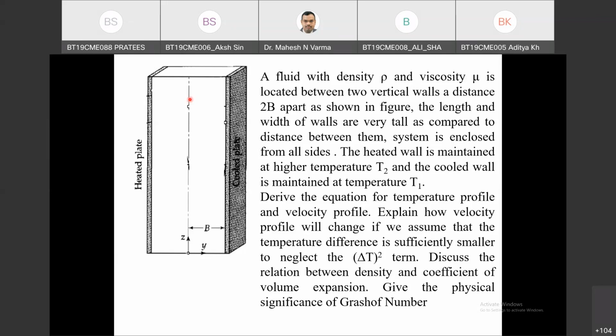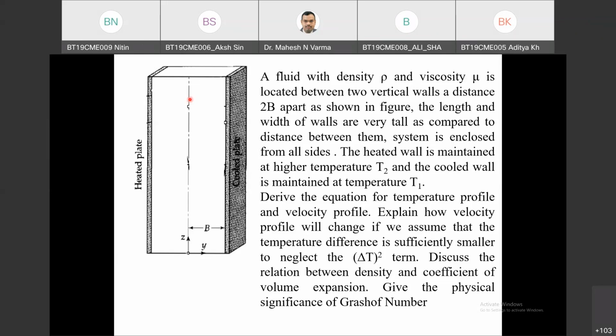Which kind of forces will act because of a difference in density? Nitin? Gravity force.